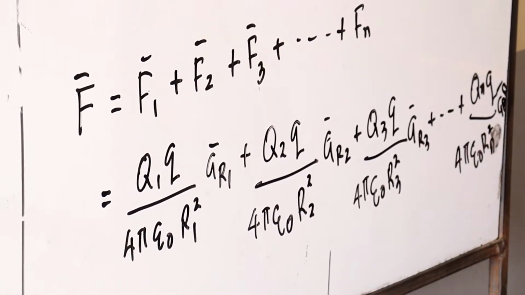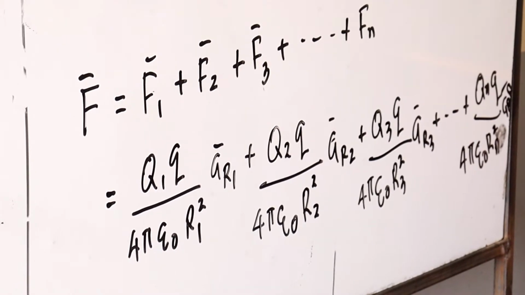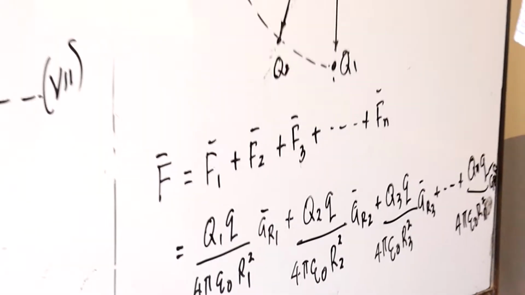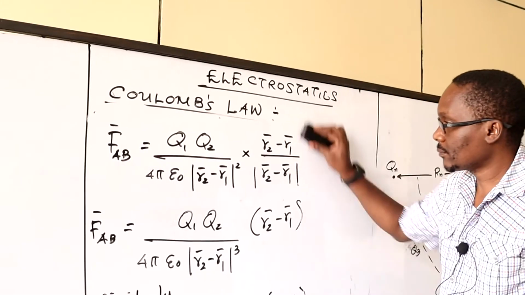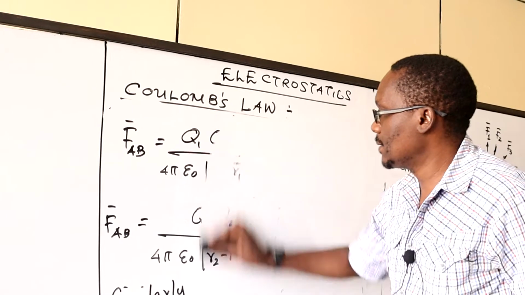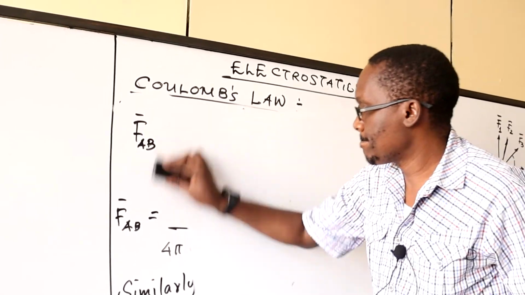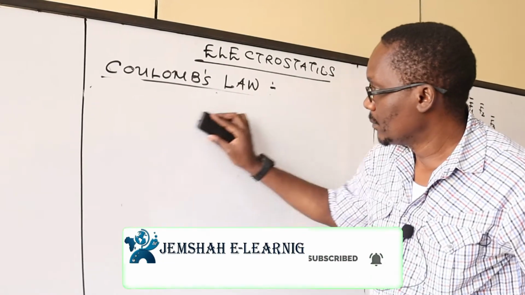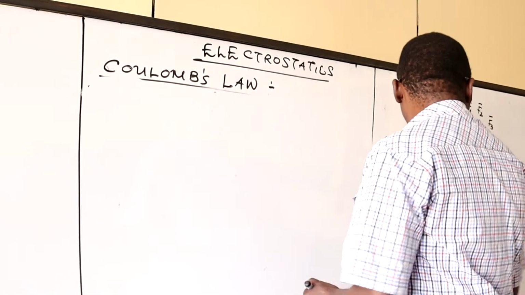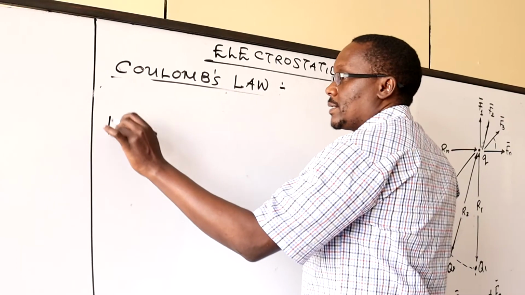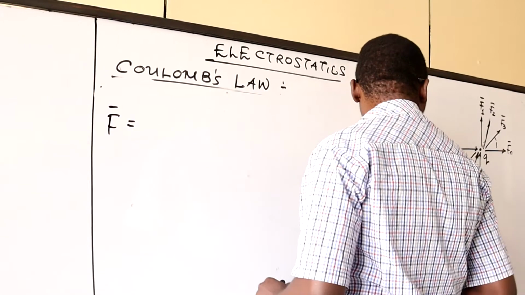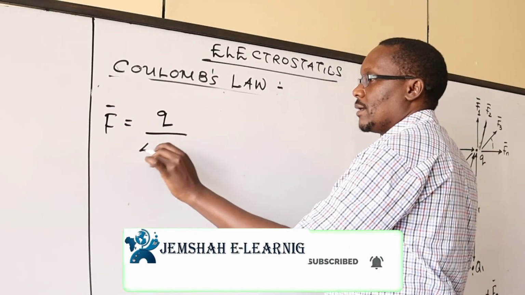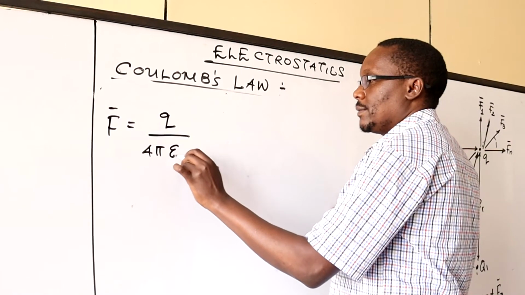So now if we look at this again, we can factor out what is common in our expression here. So we can say that our F bar, our common term there is Q all over 4 pi epsilon naught.